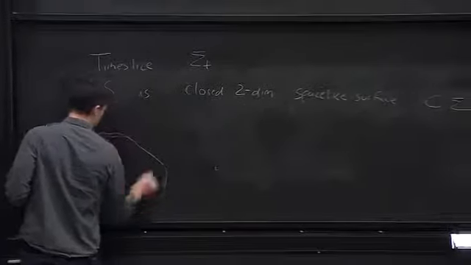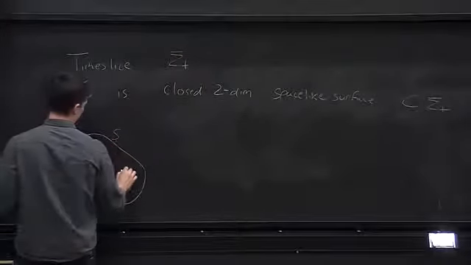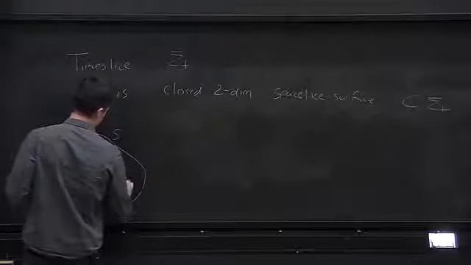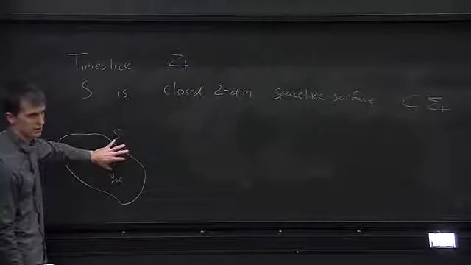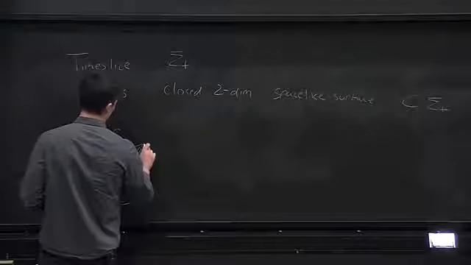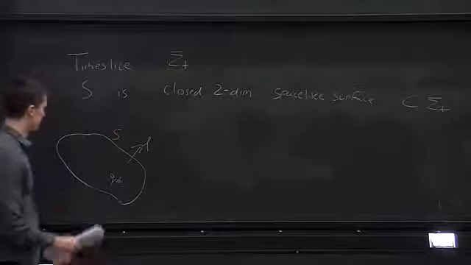So we have our two-dimensional surface S, and then we'll define q_ab to be the induced metric when you just restrict to the surface. And then we'll also define L to be a vector that's normal to our surface.